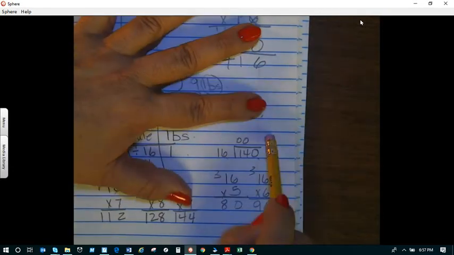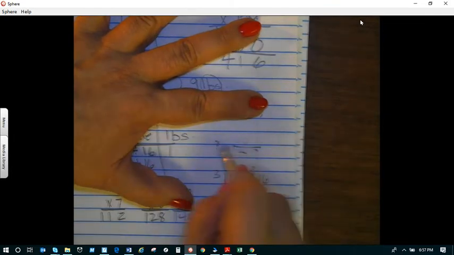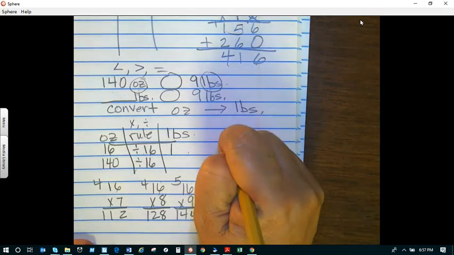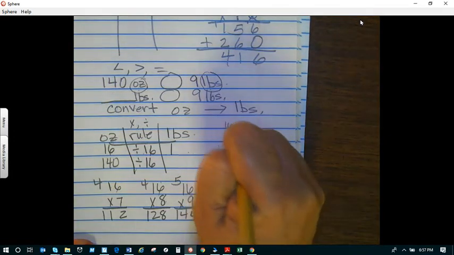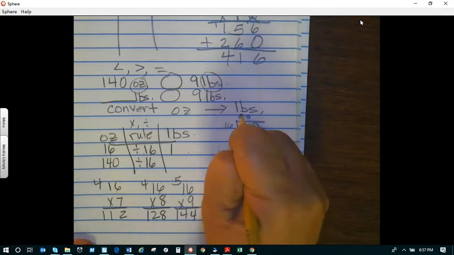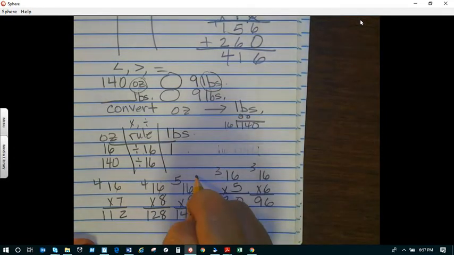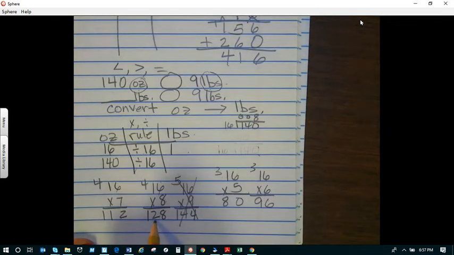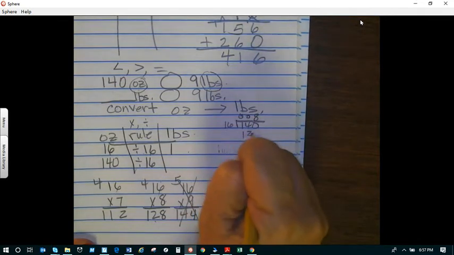I'm going to move my division problem up because I don't have enough room for regrouping. So I'm moving this. 16 goes into 140. This was 0, 0. And this is too big. So I'm going to have 8. I've already done my math, so I know it's 128.